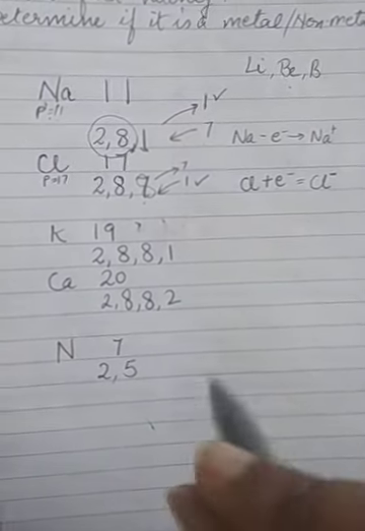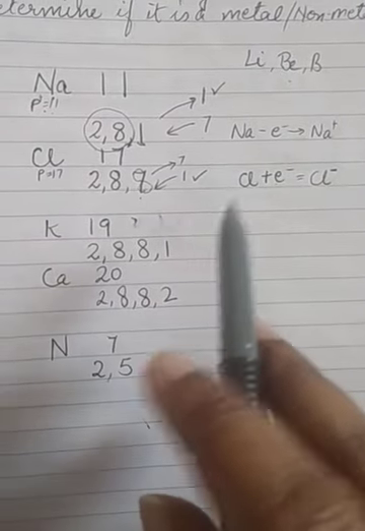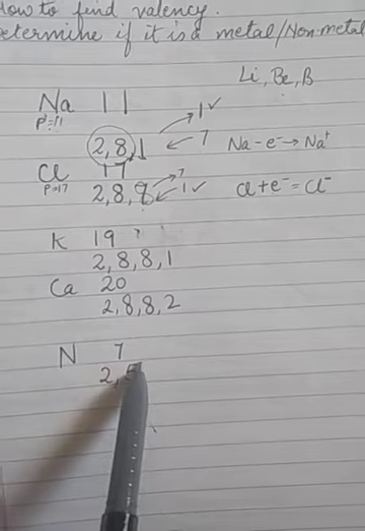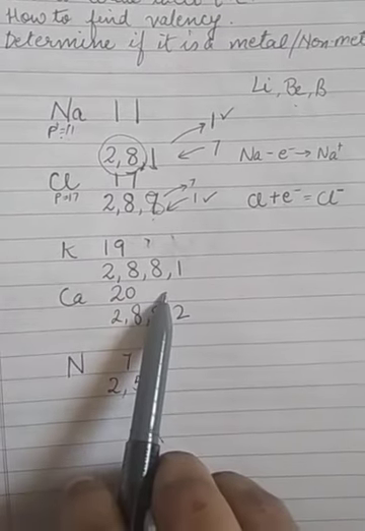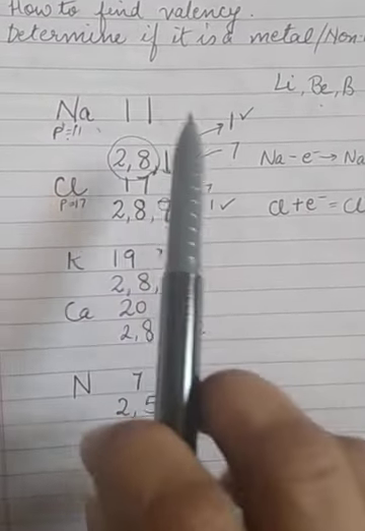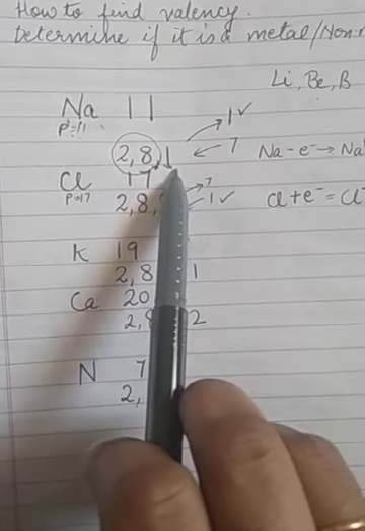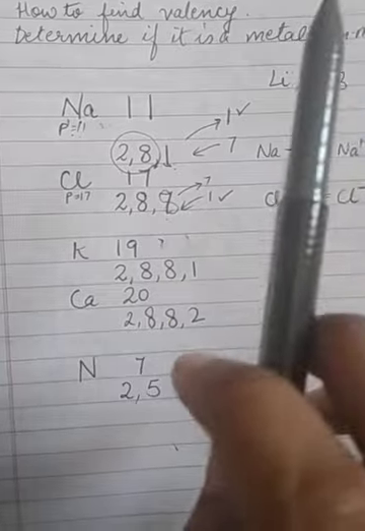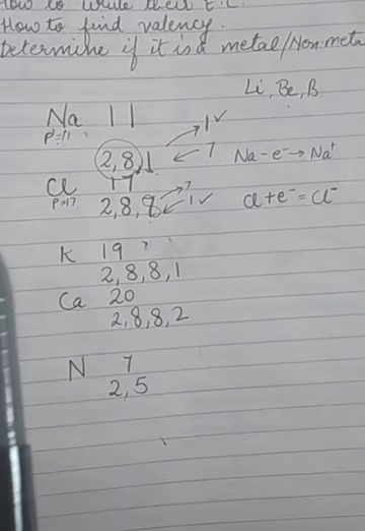Okay. So if we talk about the valency, for all these it can be calculated in the same way. Sodium's valency is plus 1, because it will give 1 electron and acquire a positive charge.